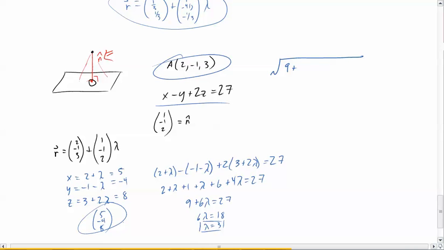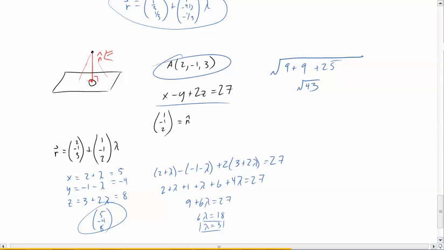Plus negative 1 minus negative 4, which would be 3 squared. That'll be 9. And 3 minus 8 is negative 5. Squared is 25. And we put all that together to get the magnitude. We got 18 plus 25, which is 43. And so therefore the distance from A to the plane is the square root of 43.